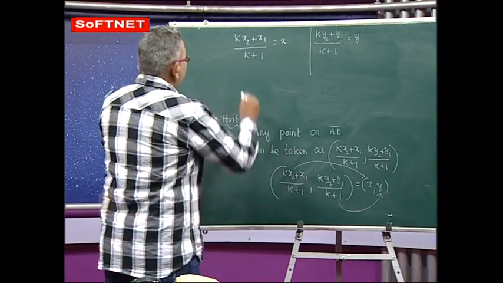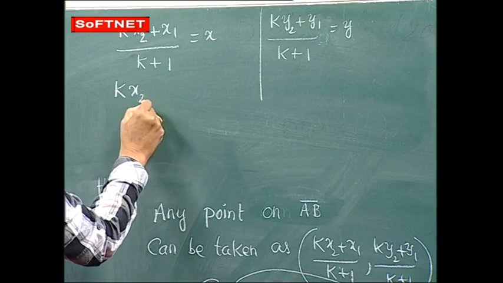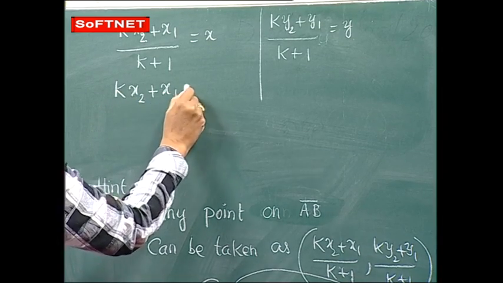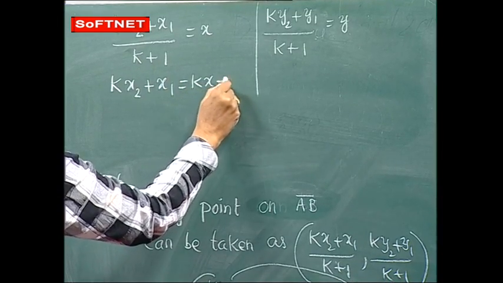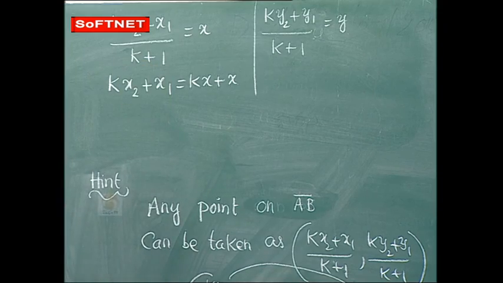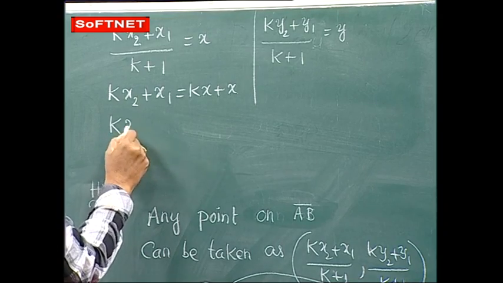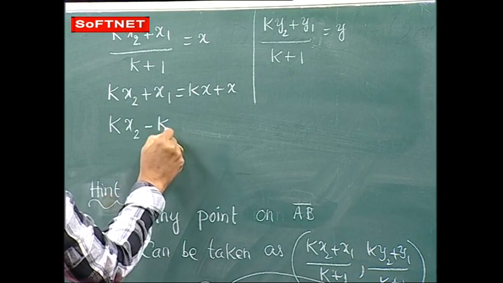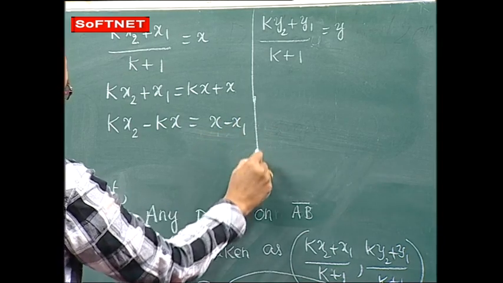So, that means cross multiply: kx2 + x1 is equal to x into k, kx, x into 1, x. Bring kx this side, x1 that side. kx2 minus kx is equal to x minus x1.